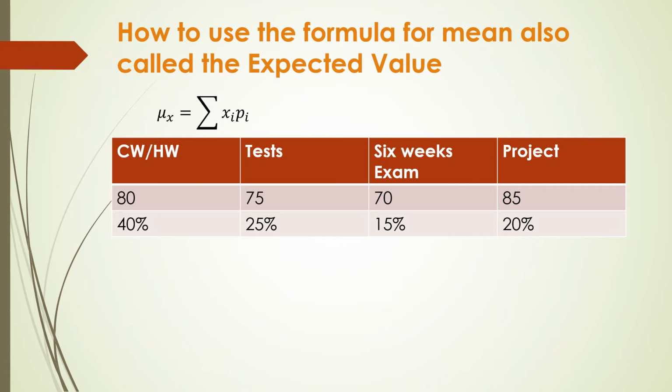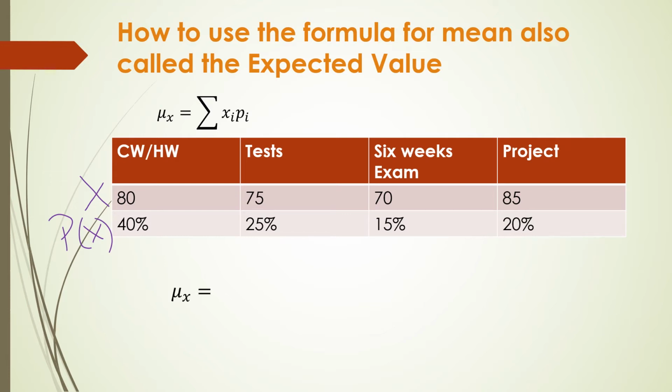If I know the weights or percentages of each category, and I know how much you made on the test, then this would represent X, and this would represent the probability of X.